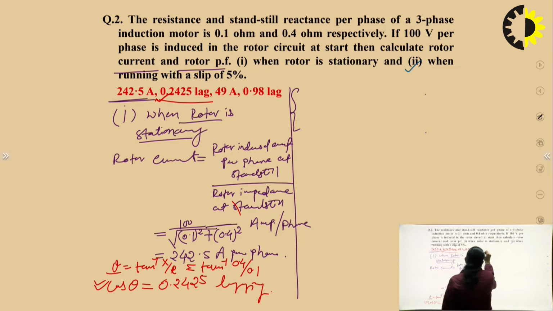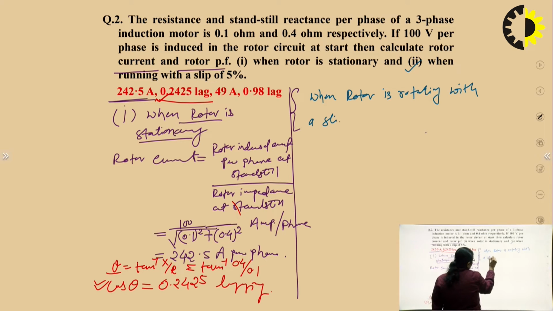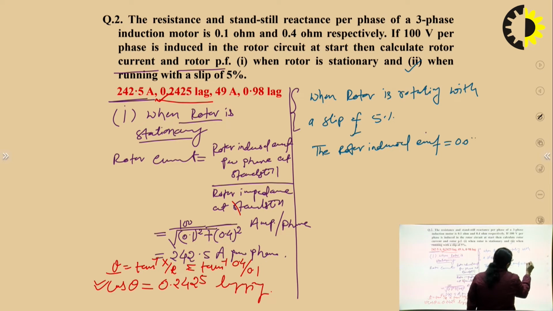So, when the motor is rotating with a slip of 5%, the rotor induced EMF will be equal to what? 0.05 times 100.